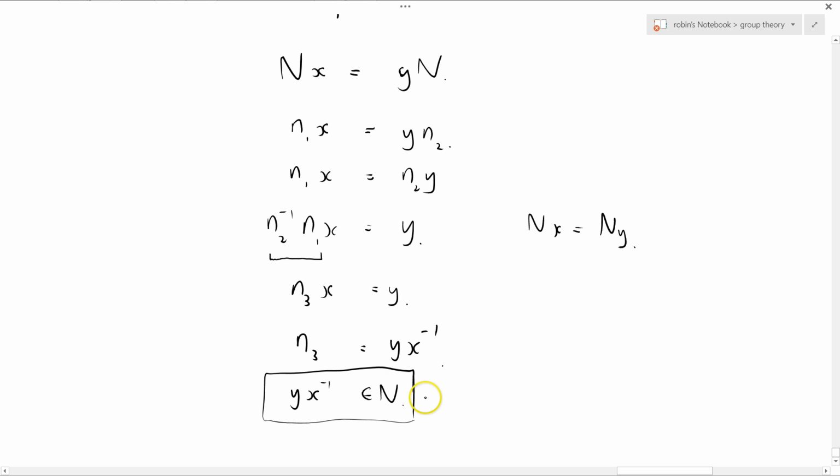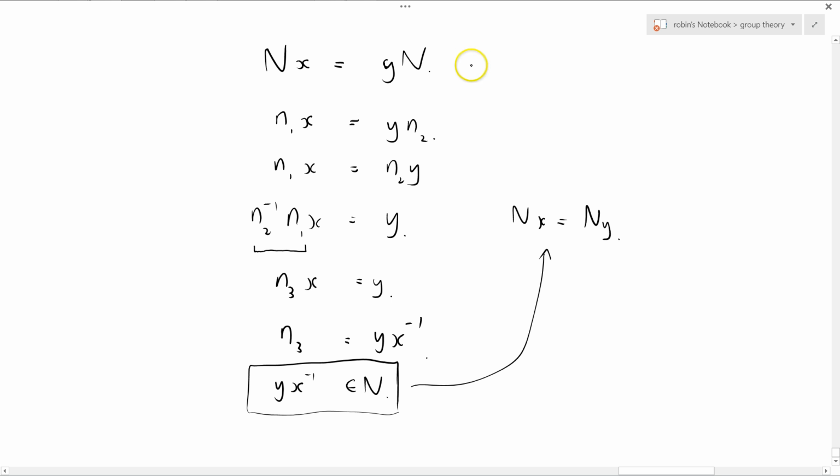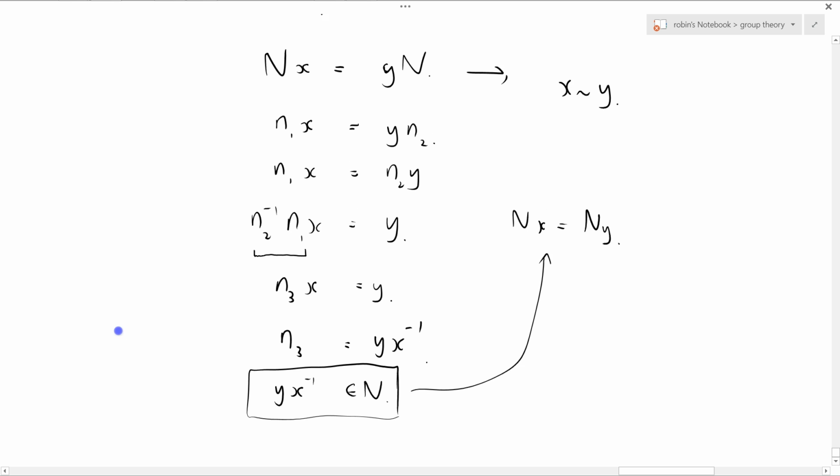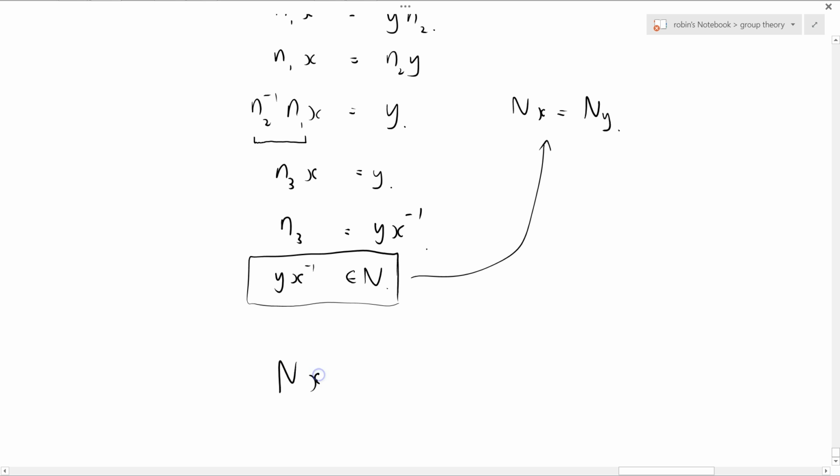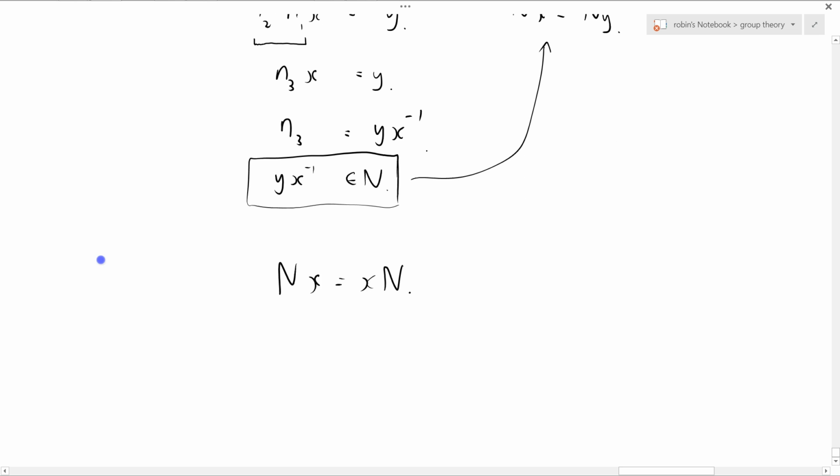And so we know that that's the case there. So Nx equals yN. If Nx equals yN, that effectively says that x is in the same coset as y. So if we've got that, we may as well just say that Nx equals xN, because this relationship here tells us we're in the same coset.